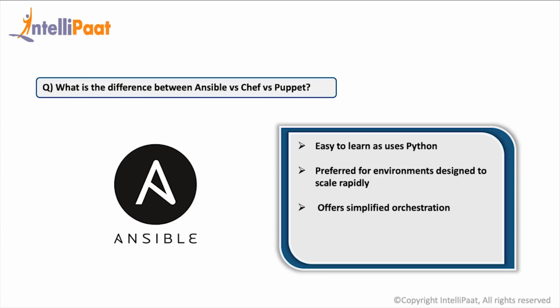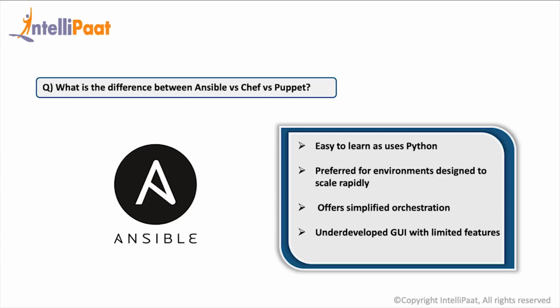So it offers simplified orchestration, because you don't have to worry about installing softwares on the client machines. Ansible can standalone take care of all the complications that come up when deploying configurations without installing a particular software on the client machines.